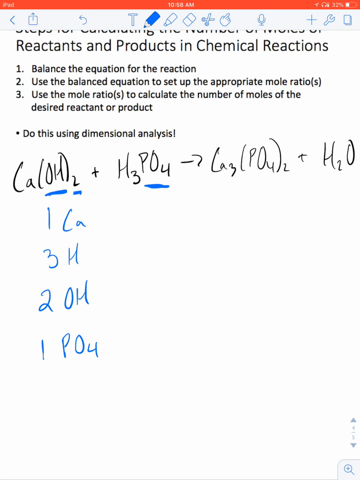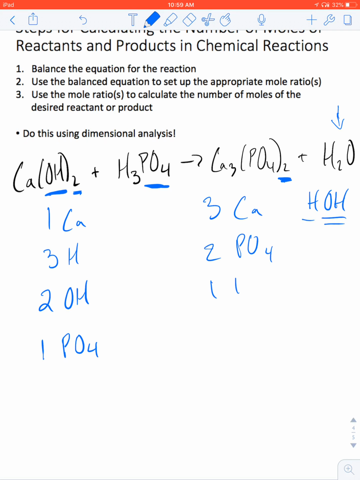On the right side now, we have 3 calciums, 2 phosphate. Now, with H2O, H2O really is HOH. So something you have to remember to make this trick work is that H2O is really H and OH.